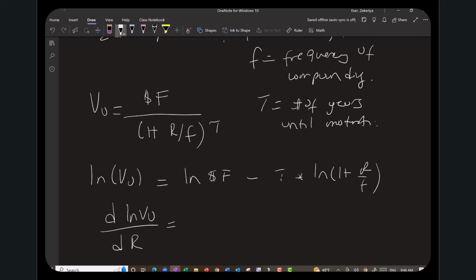In fact, the change in the log of something, if the changes are small, is almost the percentage change. So this is approximately the percentage change in value. Let me make this discrete as well. We use the D for infinitesimal changes.